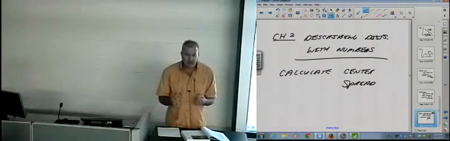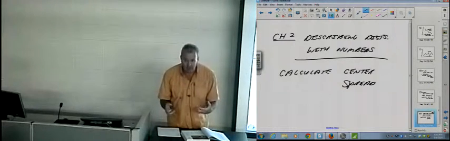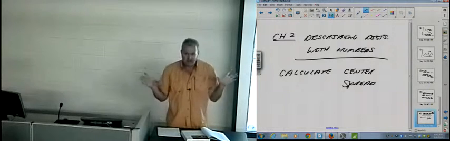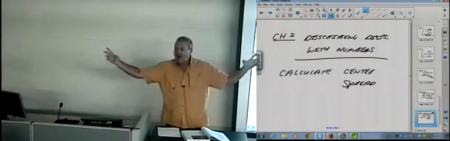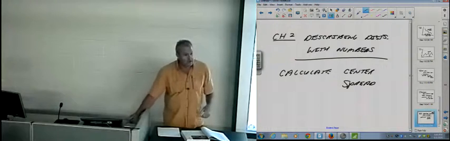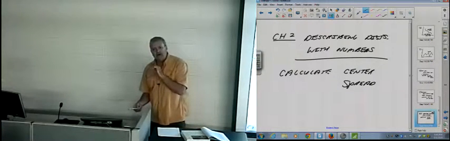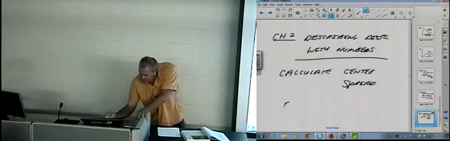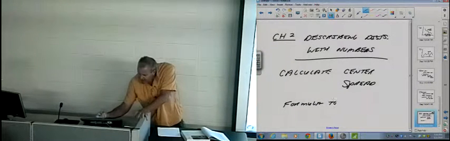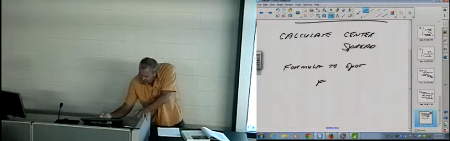The other thing I hand waved on that I wasn't real firm on was talking about outliers. I just want you to know that they were out in the tails. So what I want is, we're going to calculate center and spread, and I want a formula to spot possible outliers.